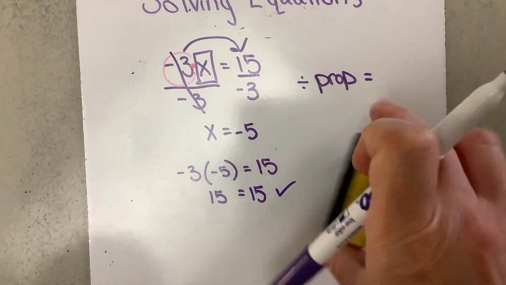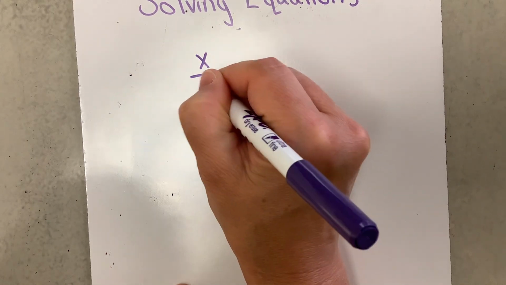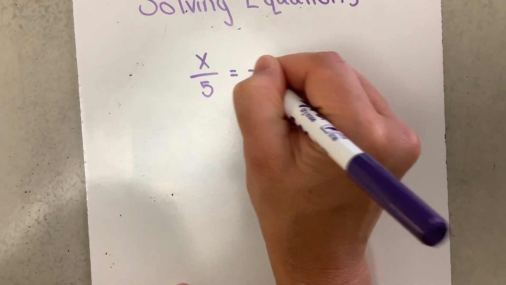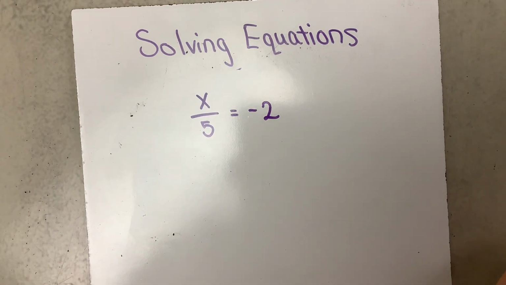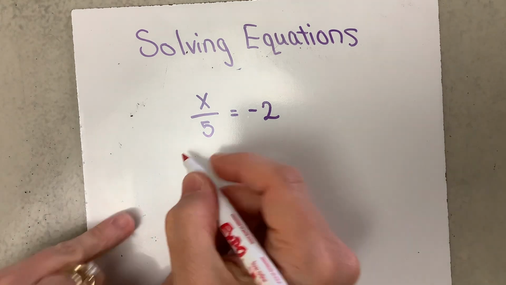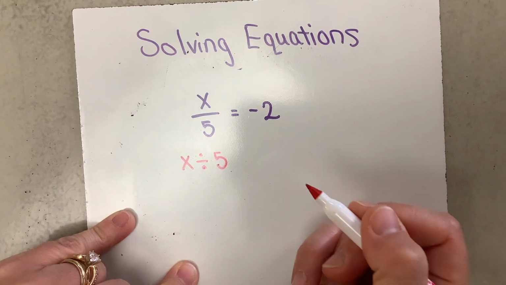The next one we're going to look at is this. x over 5 equals negative 2. And many students don't really like this, but think about this, okay? This is really saying x divided by 5, right?